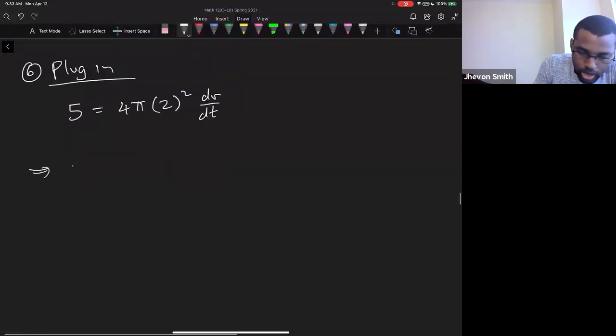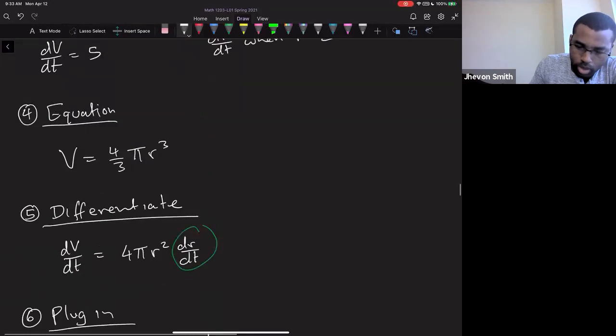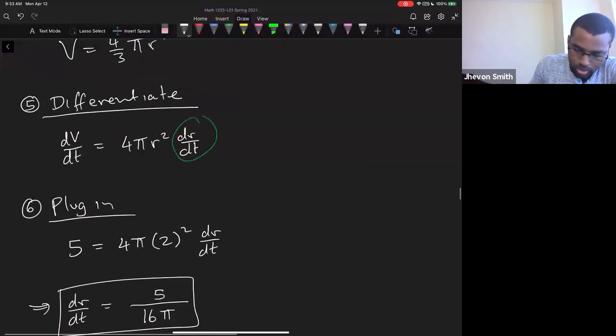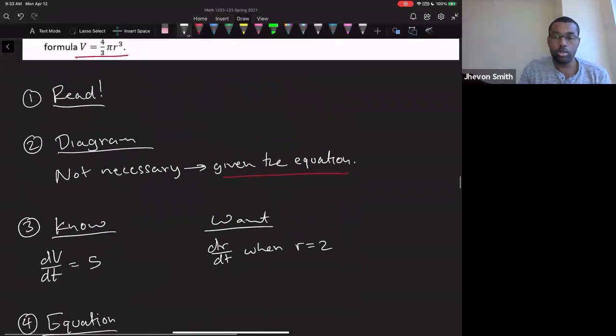So now my dr/dt is going to be 5 over, that's 16 pi, 4 times 4. And that is, I mean, it's not important, but feet per second. Okay. There it goes.